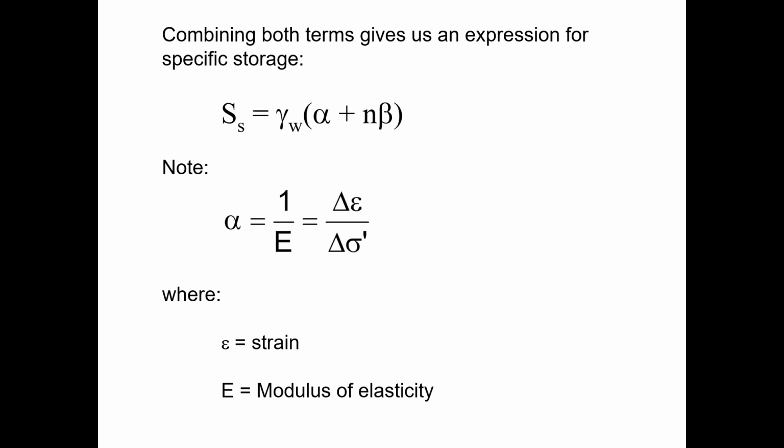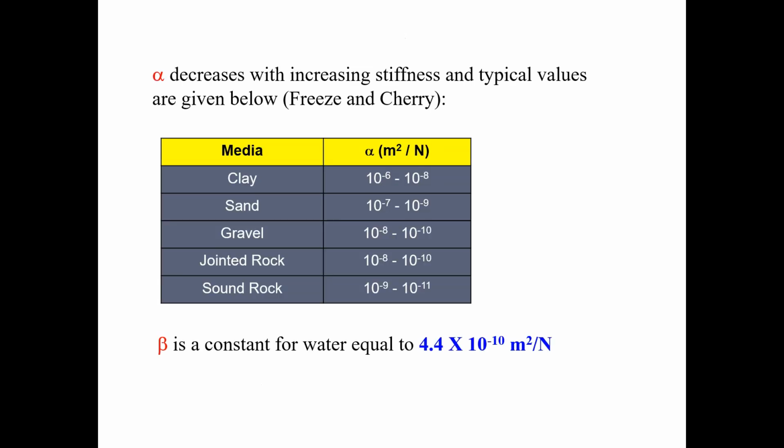And so you can actually look up the modulus of elasticity for something you can measure in a laboratory, or look up for different materials. This alpha term decreases with increasing stiffness. It's the inverse of the stiffness. The modulus of elasticity is a function of the stiffness, and this is the inverse of it.